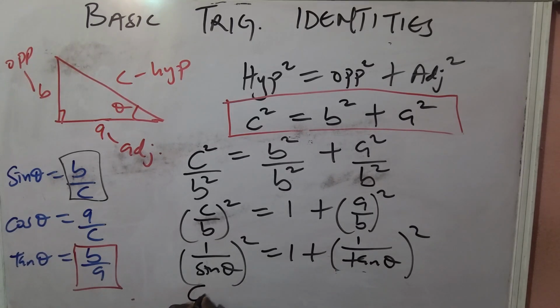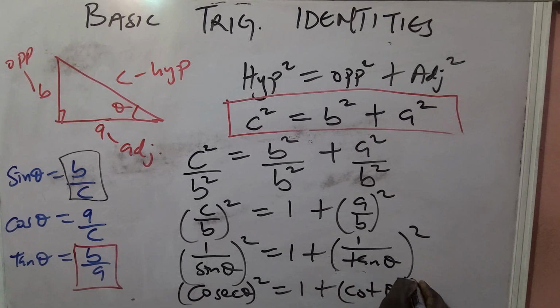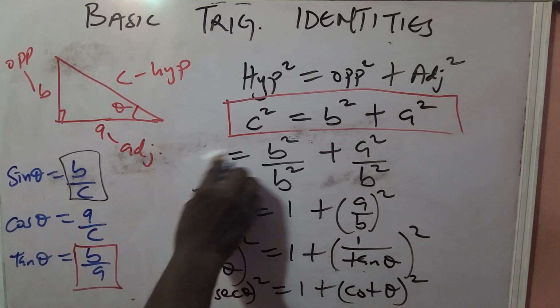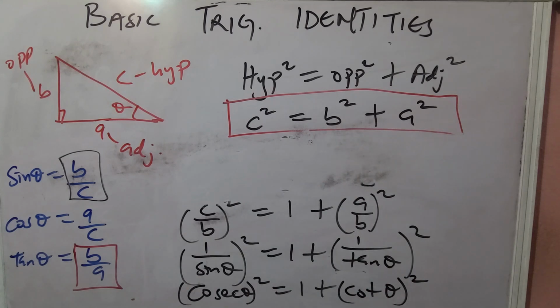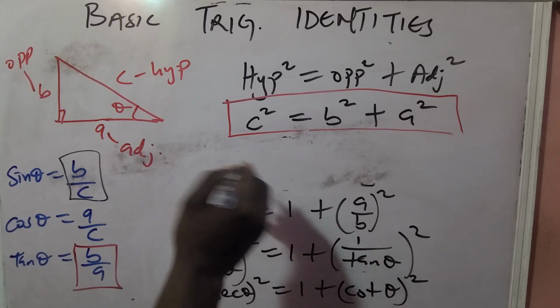So that means I can write this as cosecant theta all square will be equal to 1 plus the reciprocal of tan theta. We wrote it as cot theta, that's cotangent theta. So you can see now that we won't be wrong if we decide to make a conclusion that cosec square, don't forget, cosec theta all square is the same thing as cosec square theta.